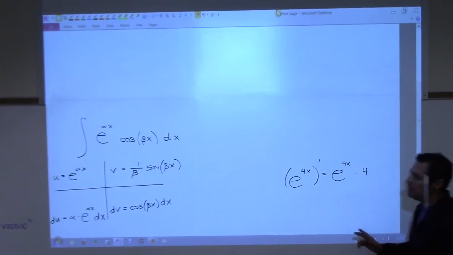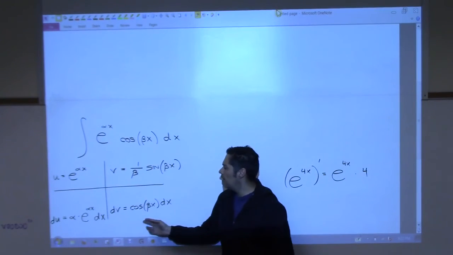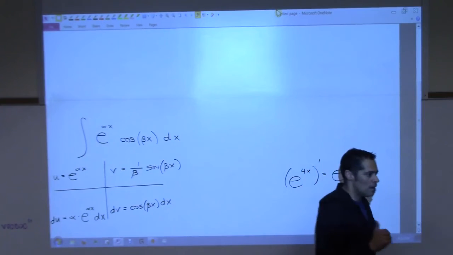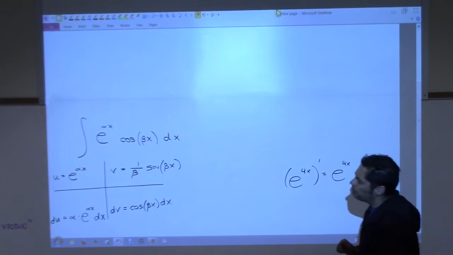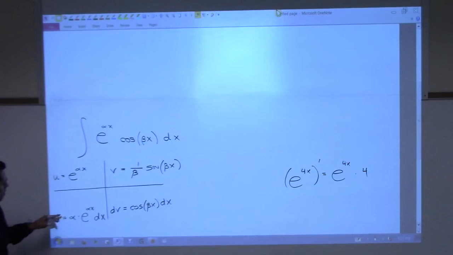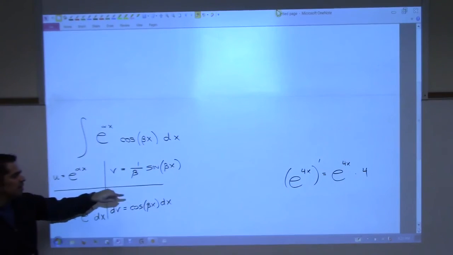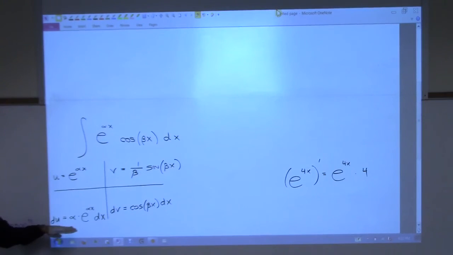The question was, would it be easier if we let u be cosine beta x and let dv be e to the alpha x? And it turns out for this problem, it works both ways. Because then you would just get 1 over alpha. If I put e to the alpha x here and I integrate it up, I get 1 over alpha e to the alpha x. But I'd still have another trig thing here, and when I go diagonally, I'm still going to have the same thing. I'm going to be pretty much stuck in the same boat.